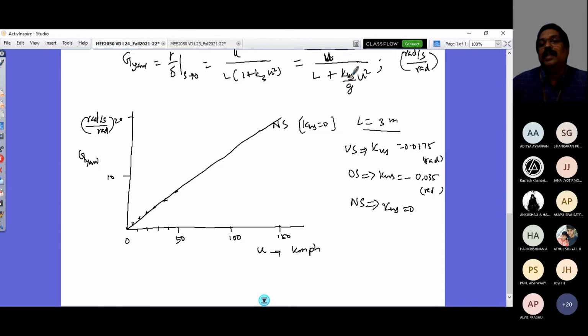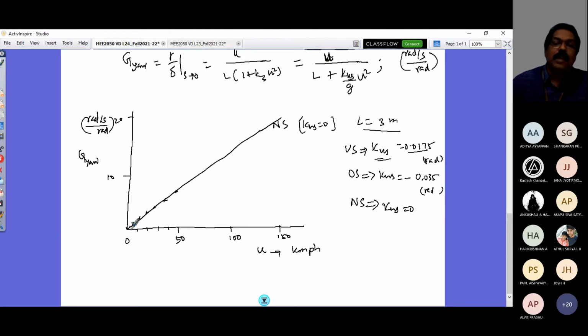If a vehicle is an understeer vehicle, for the chosen vehicle our understeer coefficient is 0.0175 radians. If I substitute here, as I increase my U, the denominator has U squared, so my denominator would keep increasing as U in the numerator also increases.